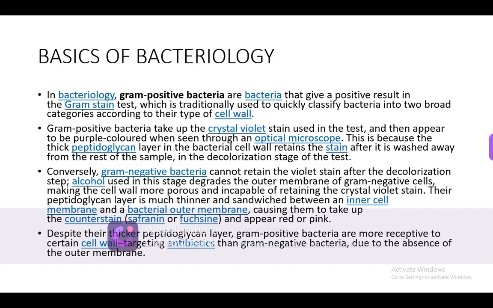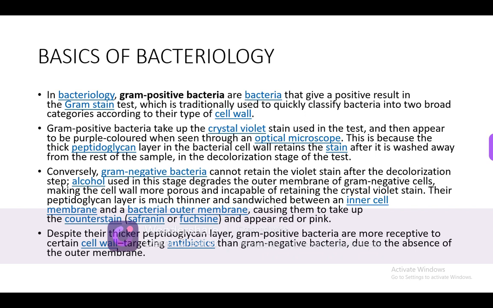Now, the basics of bacteriology: gram positive bacteria give a positive result with the gram stain. The gram stain is traditionally used for the classification of bacteria into 2 broad categories according to the type of cell wall, because the bacterial wall has a lipid layer, which is a very important part of the gram staining.